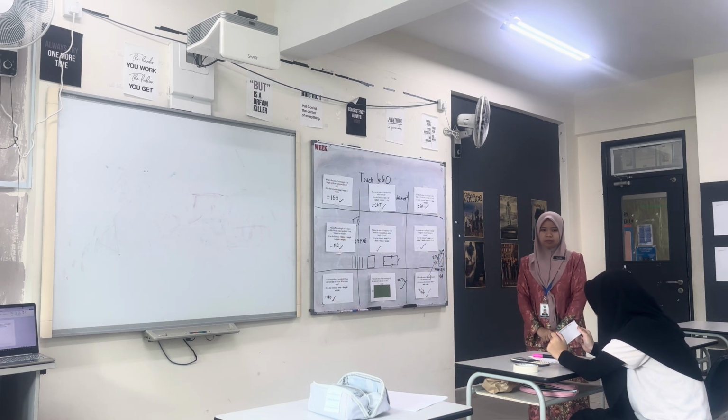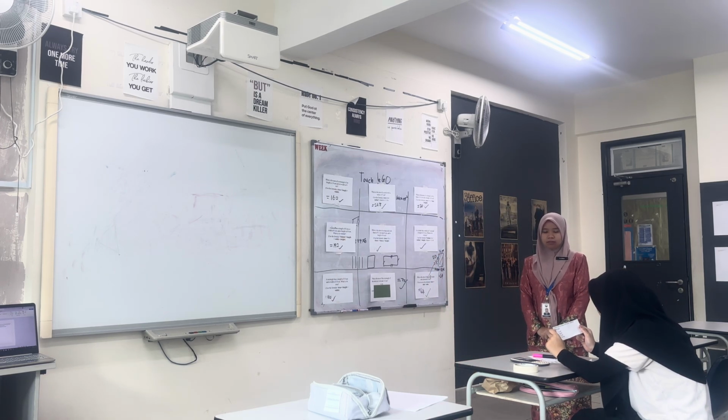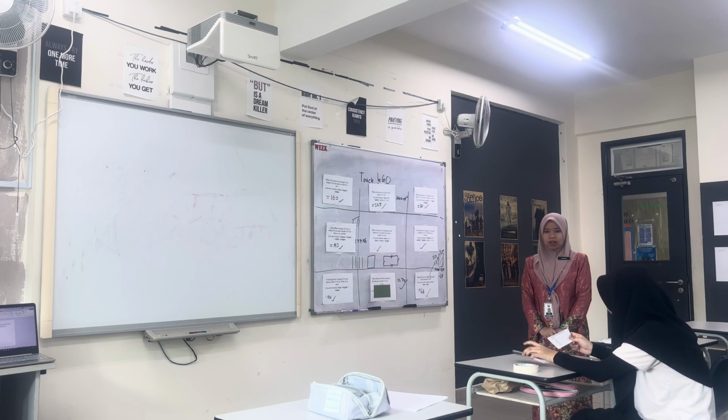If two angles of a triangle are 40 and 60, what is the third angle? Alright, let's calculate.